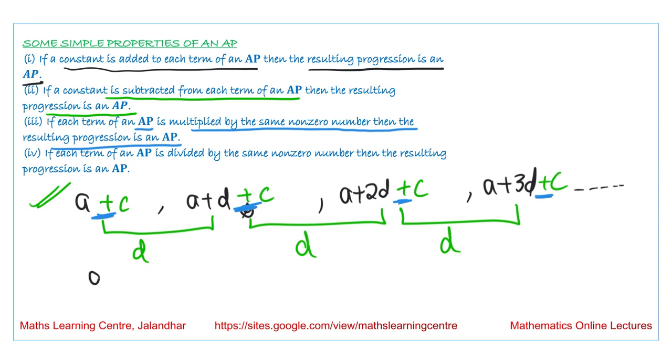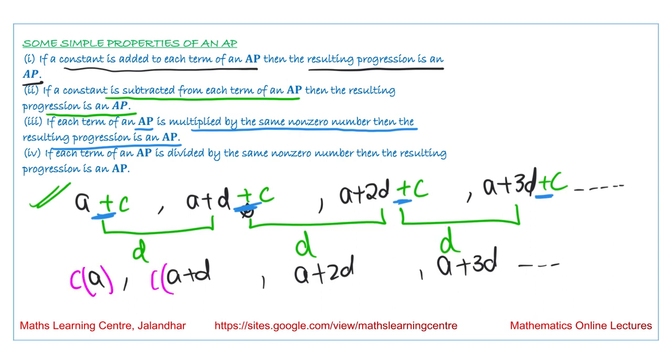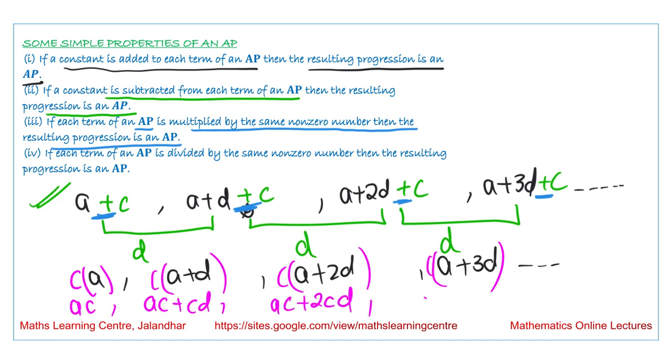We have A, A plus D, A plus 2D, then A plus 3D, and so on. If we multiply each term with some constant C, which is a non-zero number, what we obtain is AC, then AC plus CD, then AC plus 2CD, then AC plus 3CD, and so on.